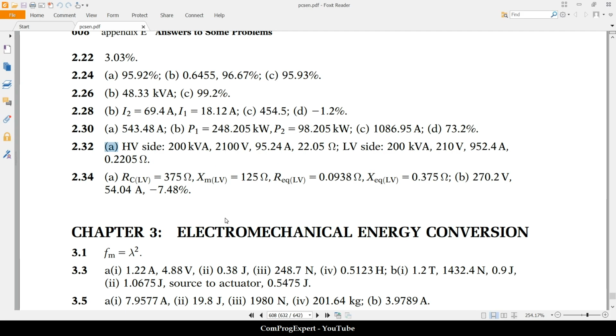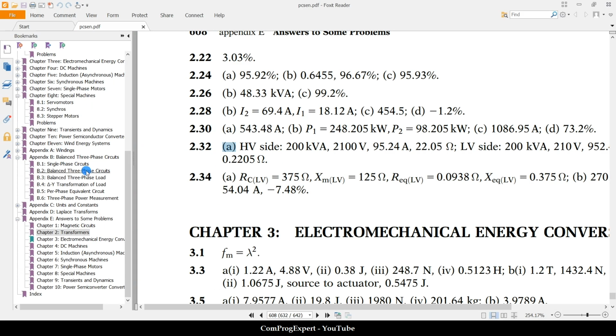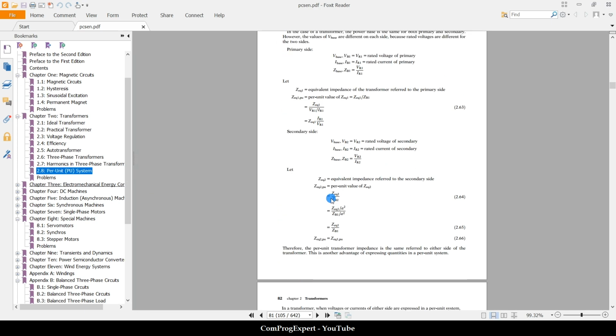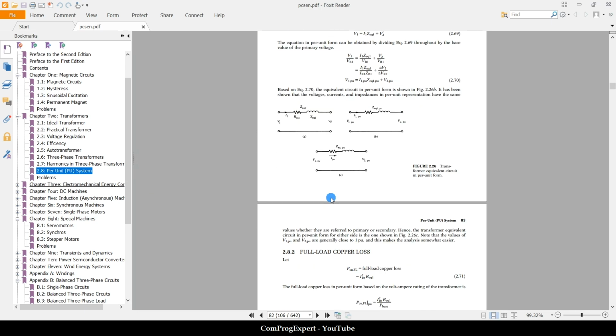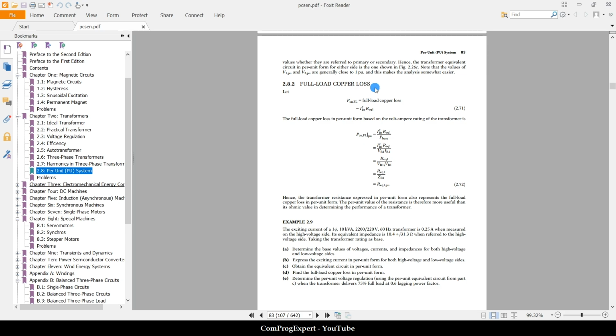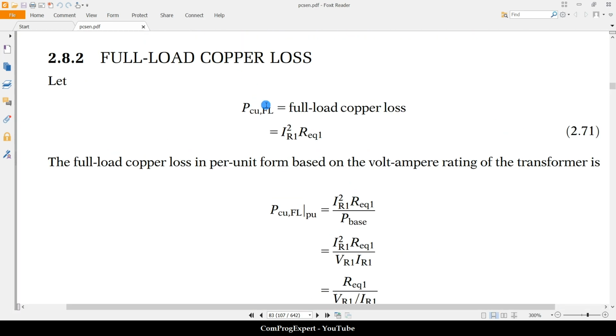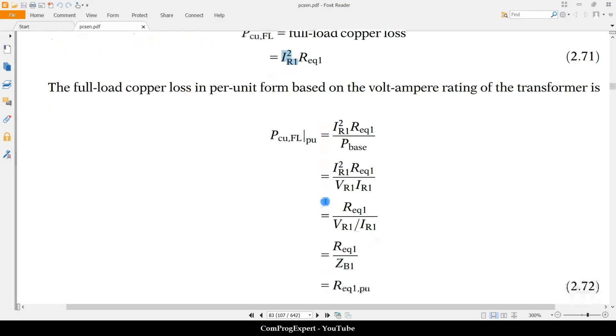But we know this concept from Chapter 2. Here we have this subsection, full load copper loss. The full load copper loss is R equivalent, for example for side 1, times the rated current for side 1 squared.